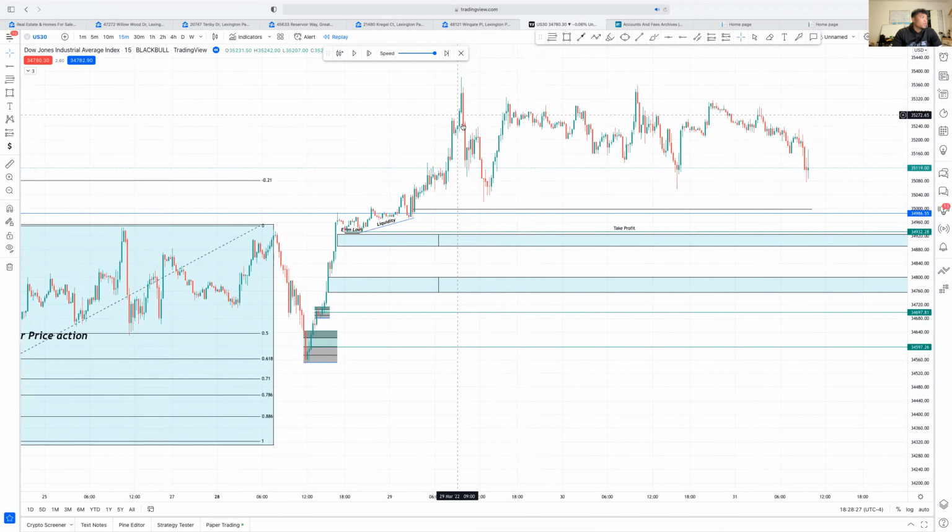Because when all this push up was happening, I knew that somewhere along the time the market's gonna go back down. Because as you guys can see, I've already pre-marked all the actual areas where there's an actual imbalance.